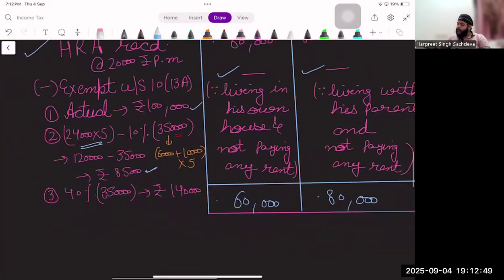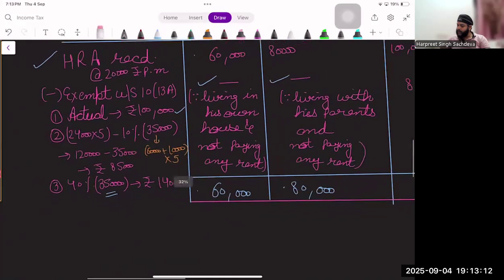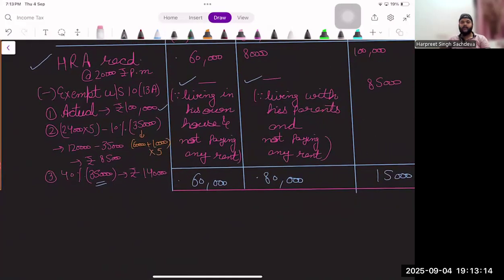Okay. Now, the benefit of calculating this salary is it will also be used in the third point. That 5 month salary, we need 40% of it because it's Amritsar, not a metro city, so 40% of salary becomes 1,40,000. Now tell me whichever is less, 85,000 or 1,40,000, whichever is less.